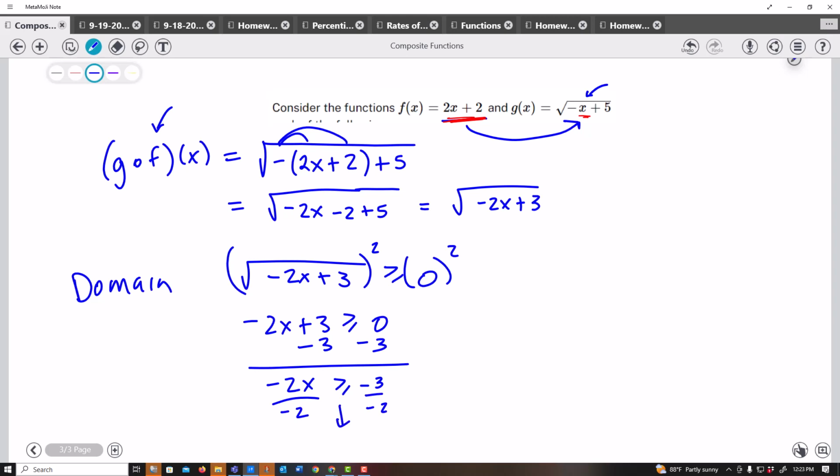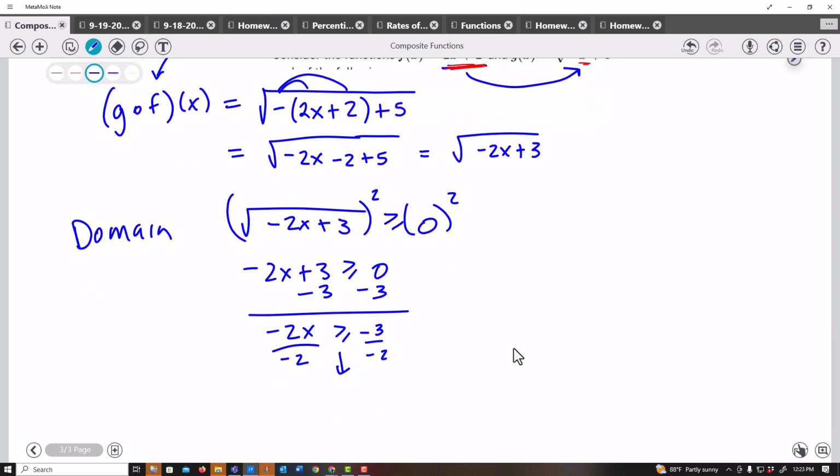I'm going to go over here, so I'll go down below if I can get my mouse to go. So this is going to become x has to be less than or equal to a negative over a negative, would be 3/2. And so kind of like the last one, if I have anything less than or equal to 3/2, then this should work.